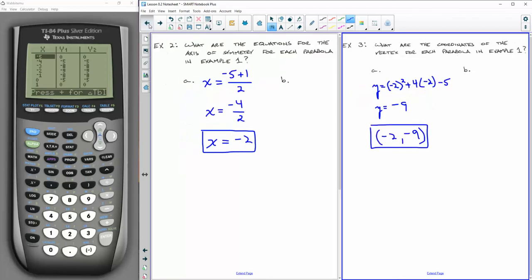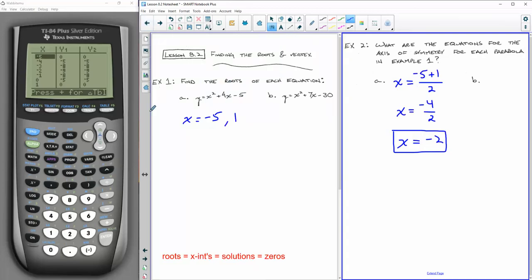Let's do it again. All right, so I'm going to reset. Change my color, purple. All right, let's go to y equals.